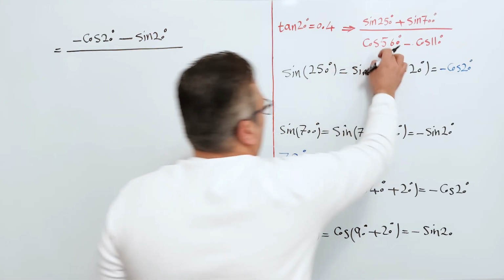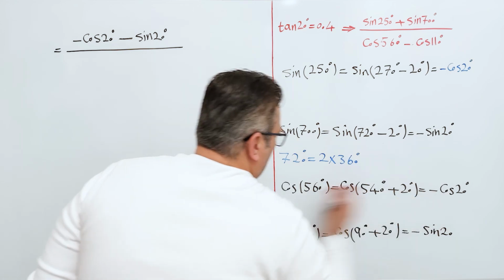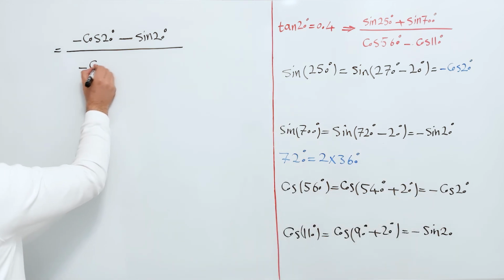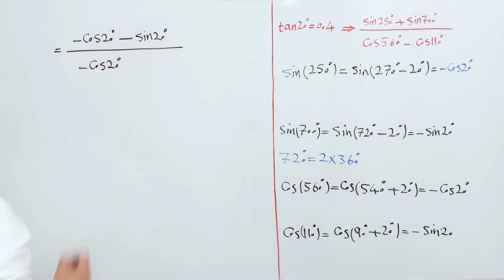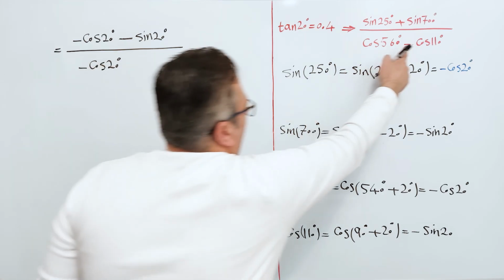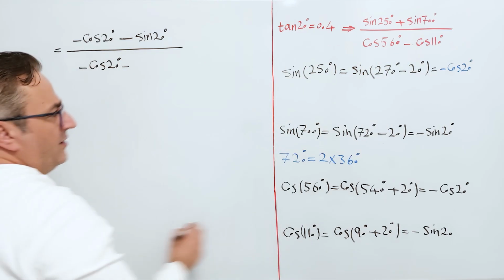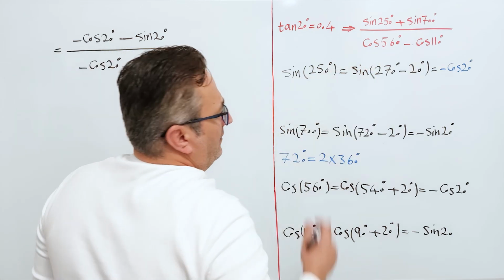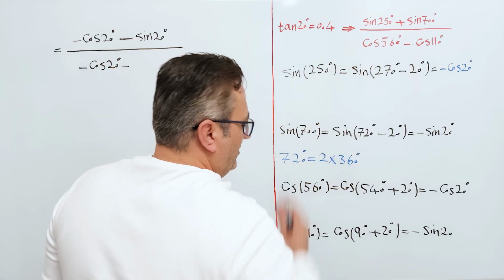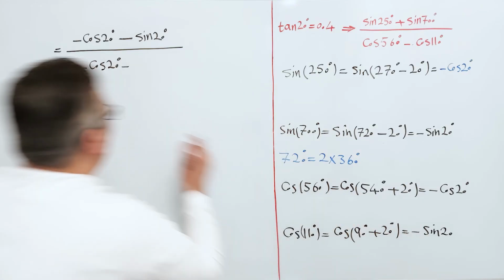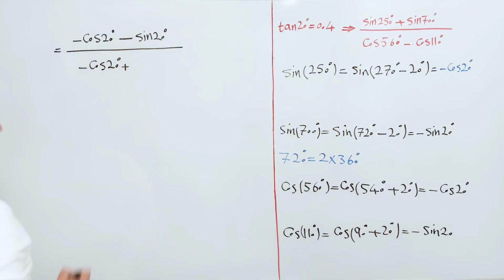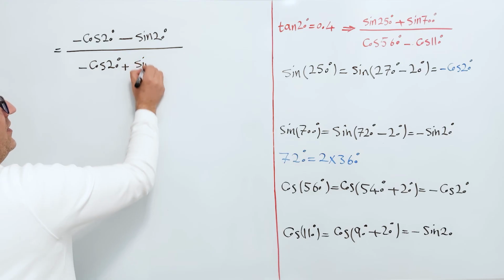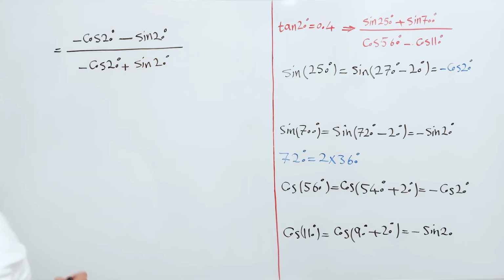Cosine of 560 degrees is equal to minus cosine of 20 degrees, and minus cosine of 110 degrees is equal to minus negative, which is positive sine of 20 degrees.